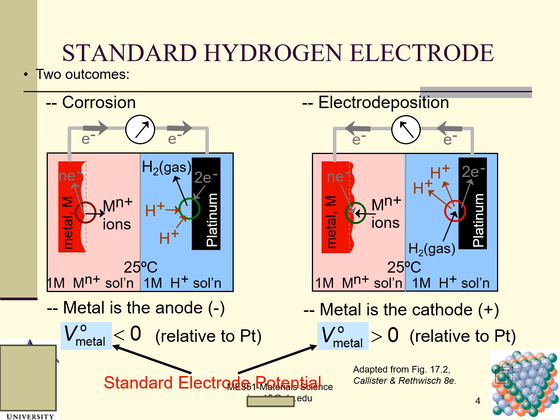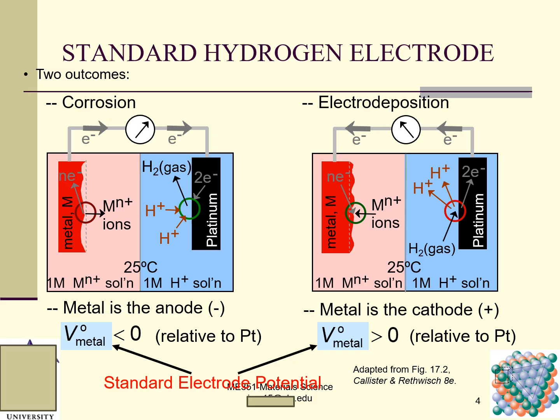The hydrogen ions will dissolve in the solution. Then these free electrons will go in the opposite direction, from right to left. Then the metal ions can capture these free electrons and become atoms. The atoms will deposit on the surface.